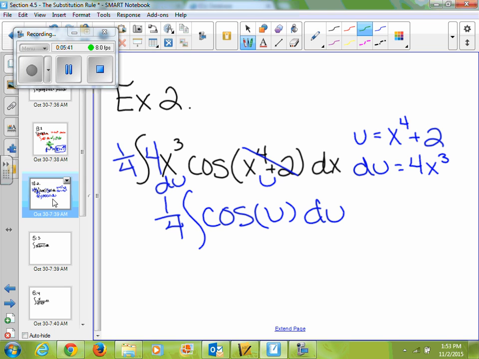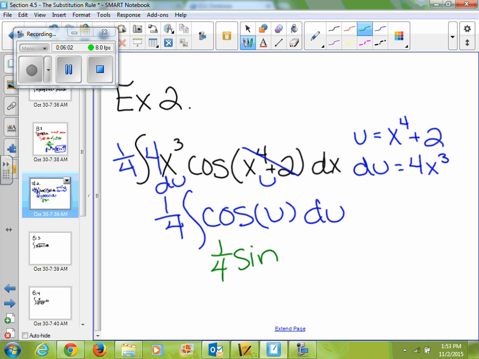Okay. So then what is the integral of cosine? Based on your integration rules that we went over on Friday, that whole table, what did we say that the integral of cosine is? Sine x plus c. Okay.